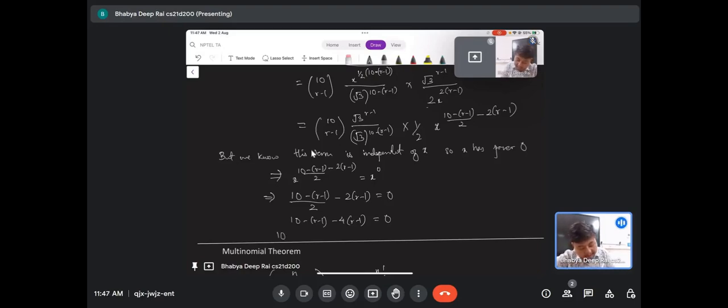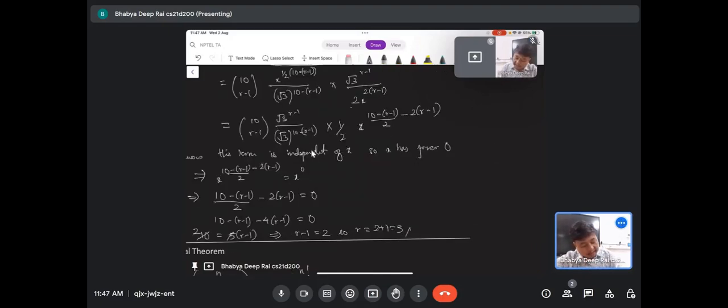So 10 equals 5 times r minus 1, and 5 times 2 is 10, which means that r minus 1 equals 2. So r equals 2 plus 1, which is equal to 3. Thus, the third term, r equals 3, is independent of x.